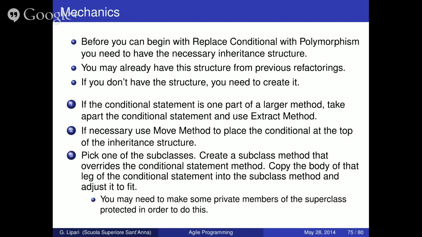Okay? So first step, if the conditional statement is one part of a very, very large method, the first thing you need to do is to isolate this conditional statement into a different function. And you can do that by using extract method.